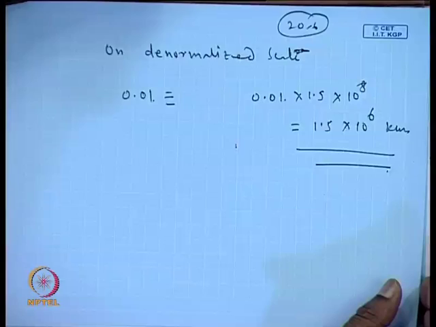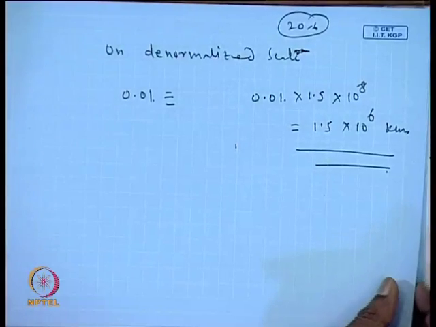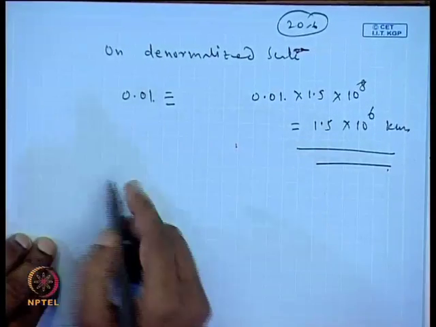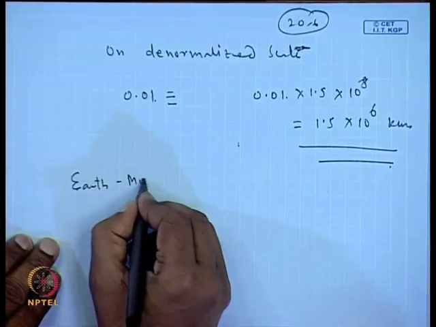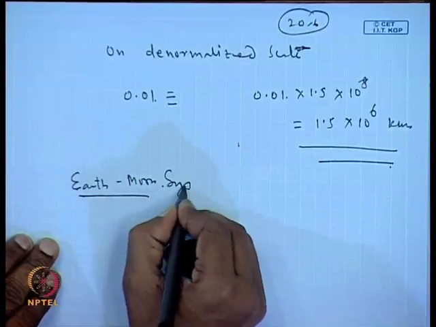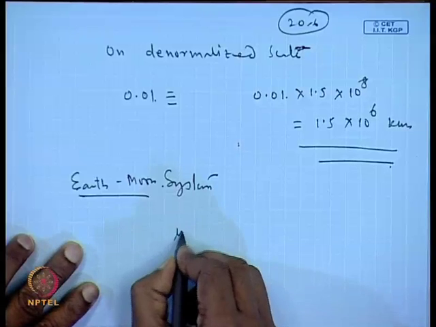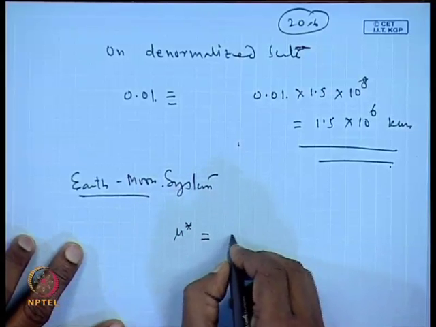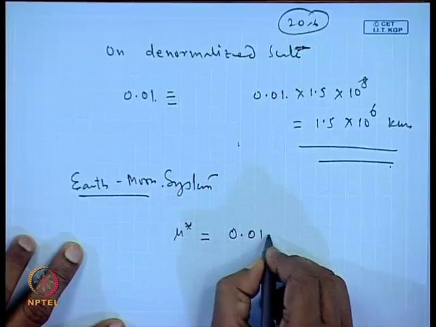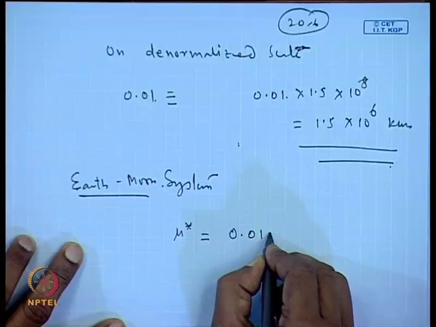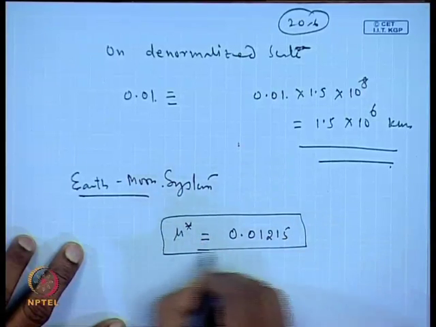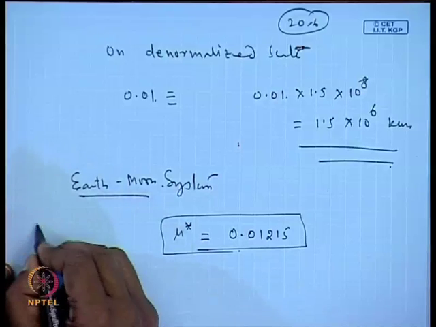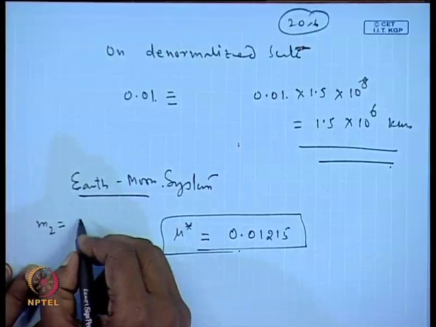Okay, once we have done this, the same kind of treatment can be given to the Earth Moon system. For the Earth Moon system we know mu star is around 0.01215. Okay, because in this case m2 will be the mass of the moon.